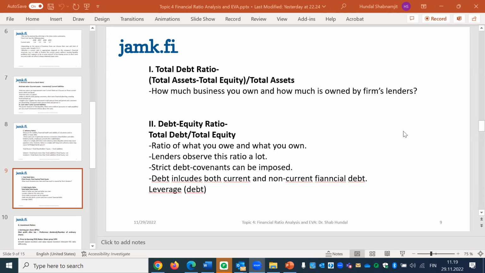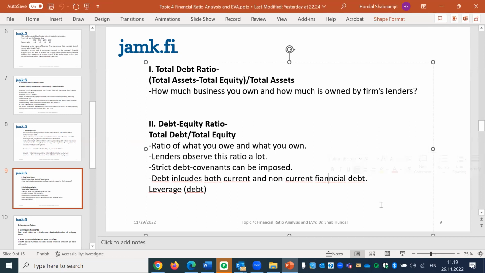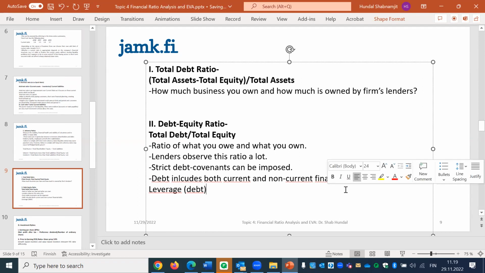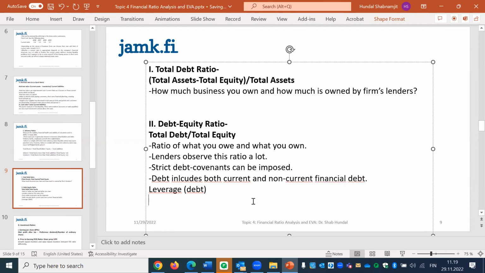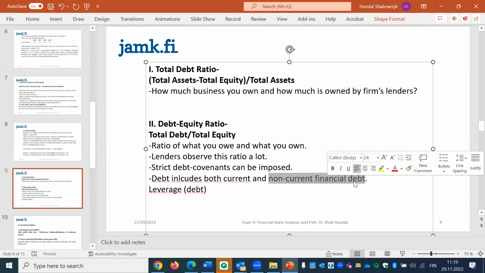Okay, debt includes current and non-current financial debt, but I think that the purest form of the debt is the non-current financial debt. Sorry, there's a spelling mistake here. So I think the real debt, what we call a debt, is this one, non-current financial debt. This is the real debt.